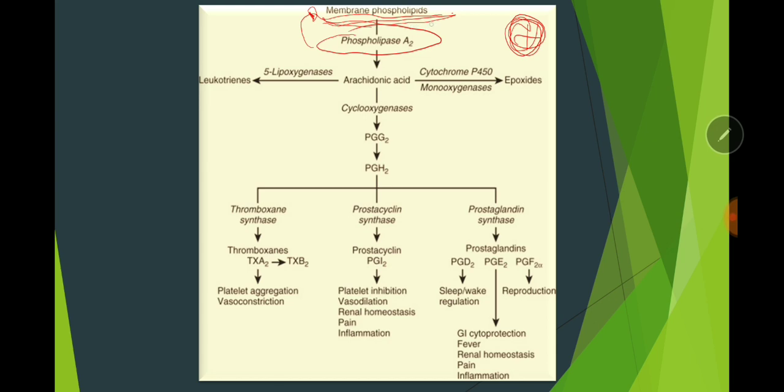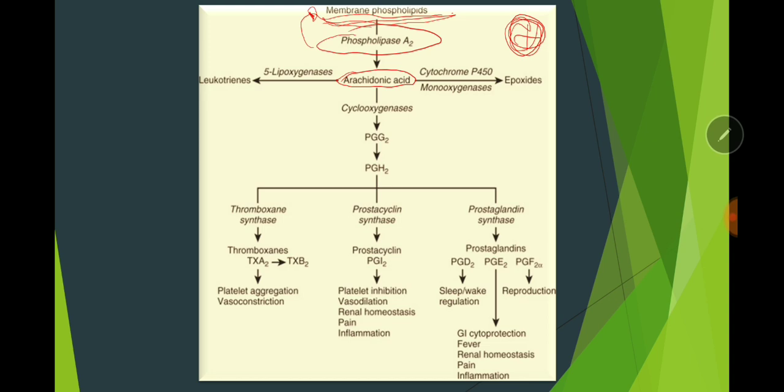The breakdown of phospholipids in the cell membrane is going to produce arachidonic acid. Now, the arachidonic acid metabolism, or the breakdown, that's what metabolism means. Metabolism is a breakdown, and also has two components, catabolism and anabolism.